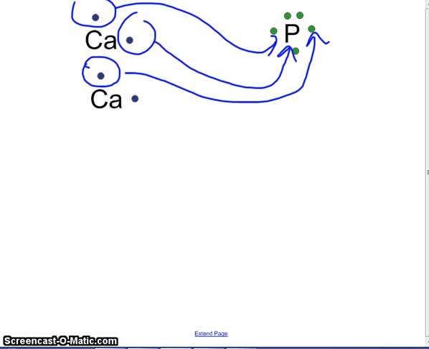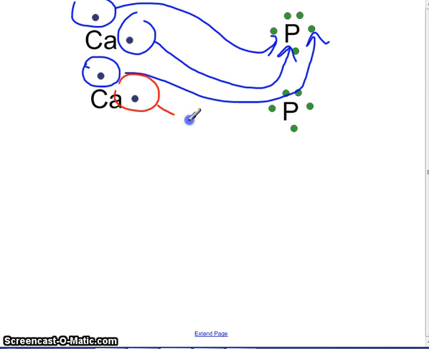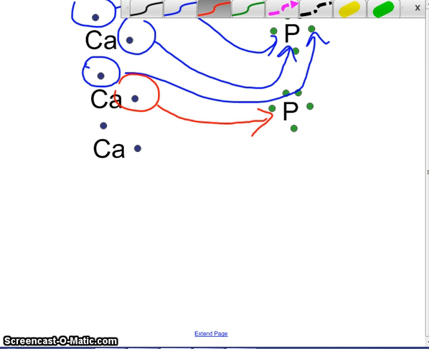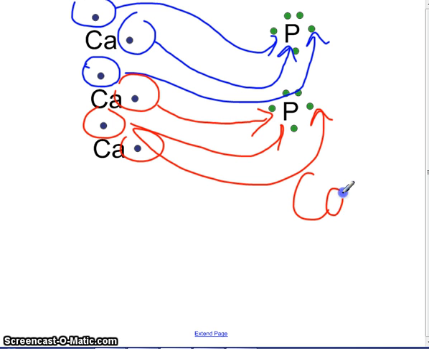Since the second calcium is not yet stable, we can also have another phosphorus. Second calcium is stable, second phosphorus is not. So we have our last calcium, making everybody stable. So the formula would be Ca3P2. The name of this compound would be calcium phosphide.